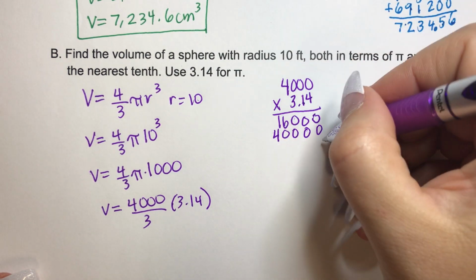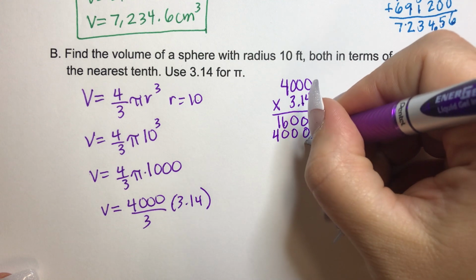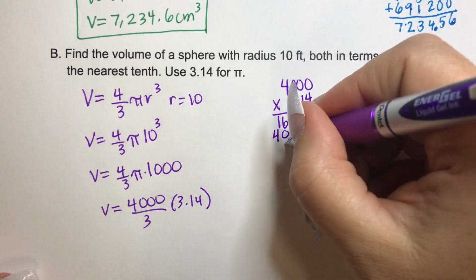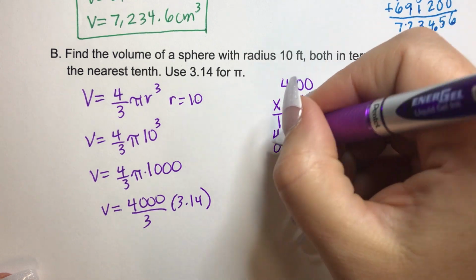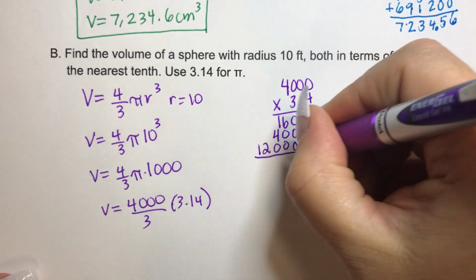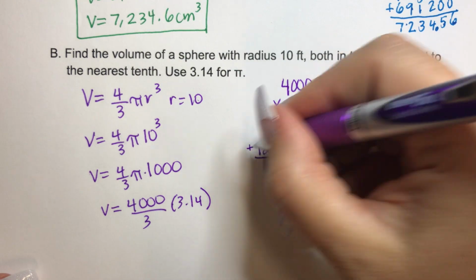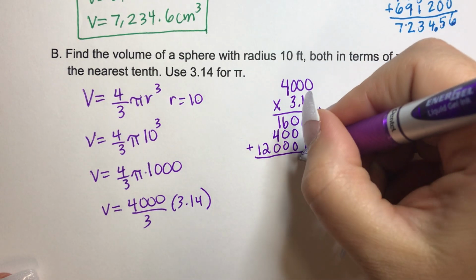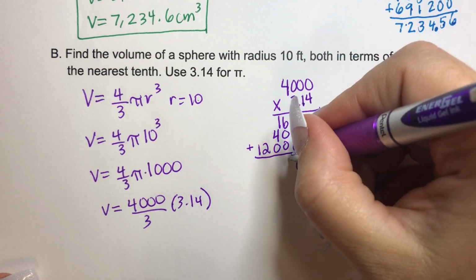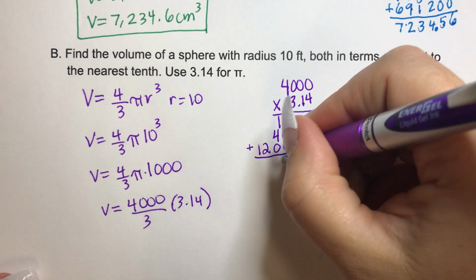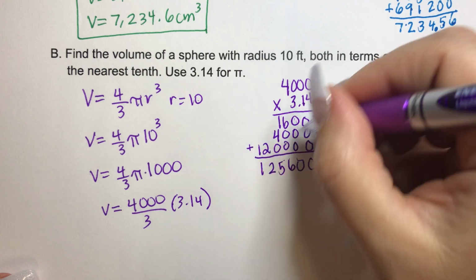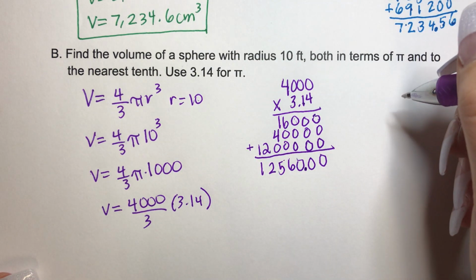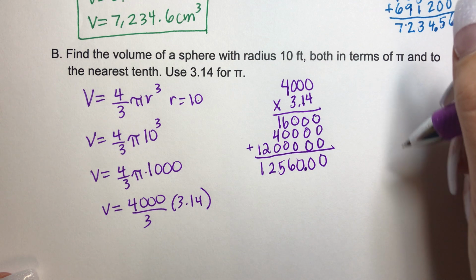Then we get to the hundreds place, so that's in the ones and the tens, and then we go 3 zeros again. 1, 2, 3. 3 times 4 is 12. Then we just add it all up. So that would be 0, 0, 0, 6. 1 plus 4 is 5, and then 2, 1. And we have 2 decimal places. So that would be that.